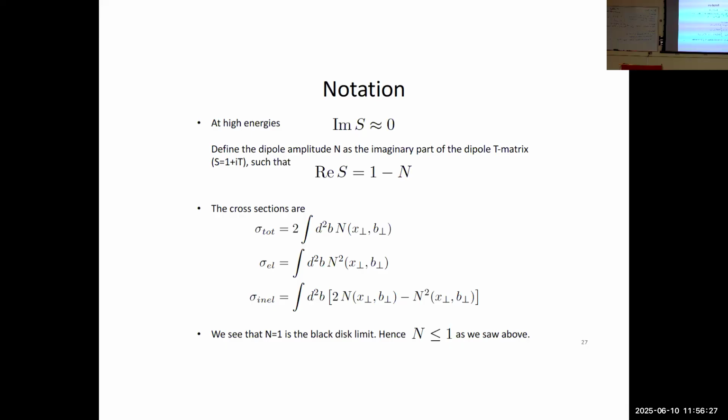Your derivative with respect to log of energy becomes 0, and your dipole amplitude stops growing. So if n approaches 1, the right-hand side goes to 0, therefore dn/d log s goes to 0, therefore n just stays at 1. It doesn't exceed 1. If you wish, it's a fixed point of this evolution.